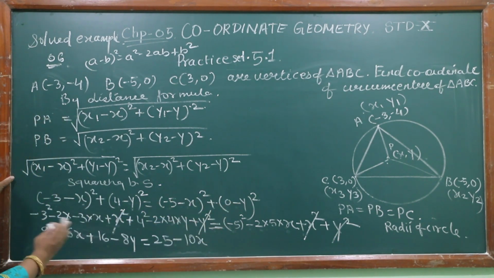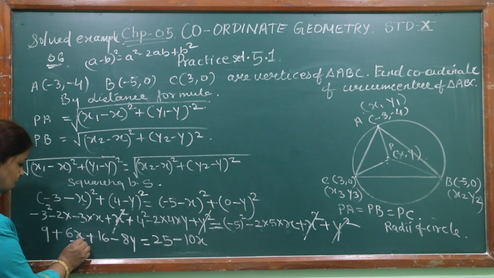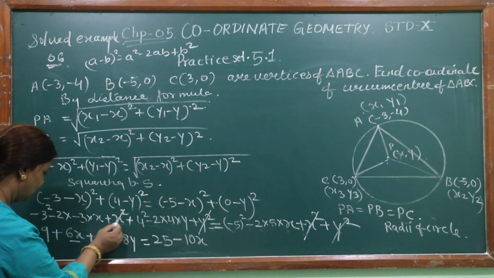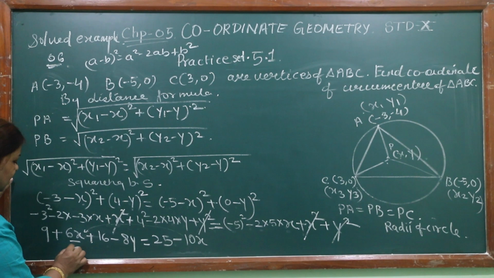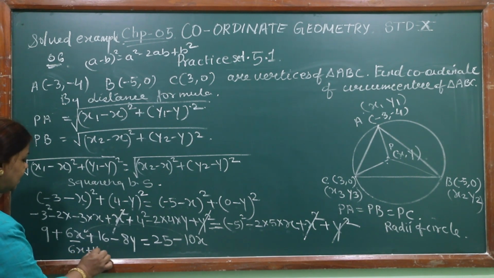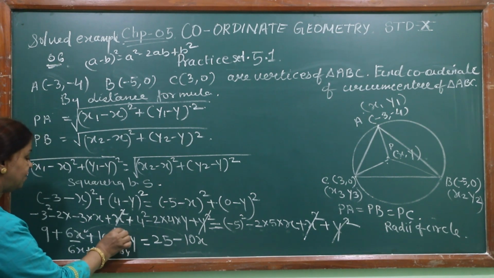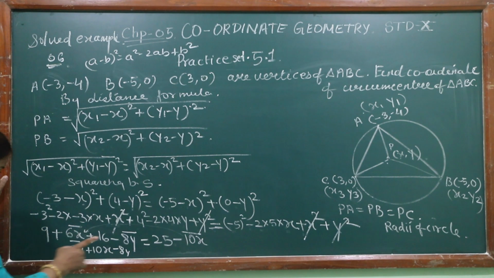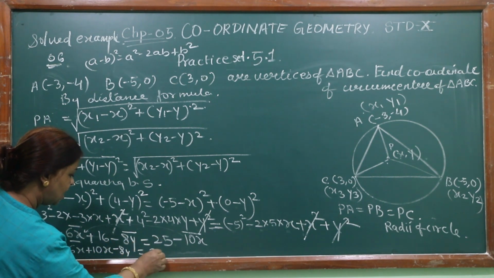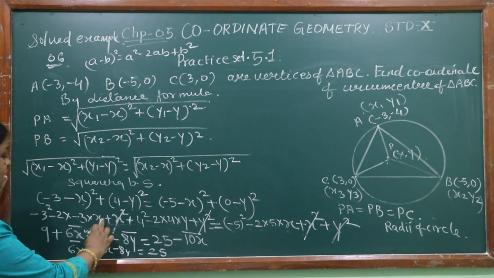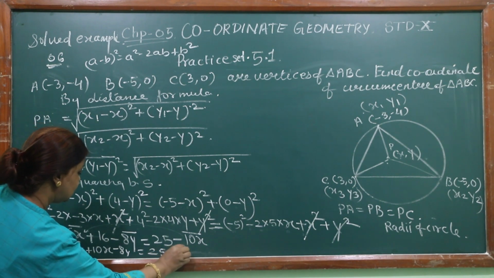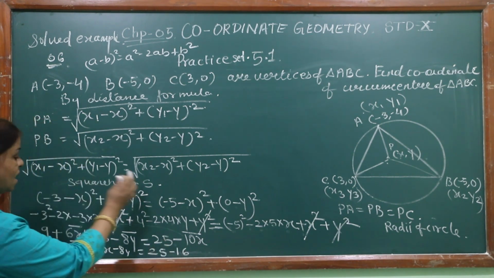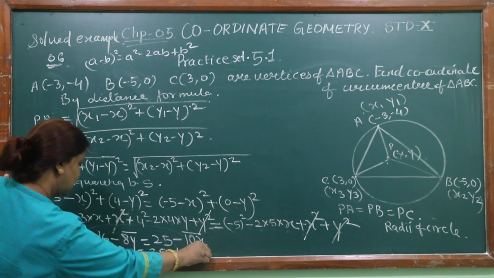So all the similar terms we will bring together. See here 6x is there, so 10x I will bring here. So it will be 6x plus 10x minus 8y. Now what is left? 25 and 16 is going here, minus 16 and minus 9.